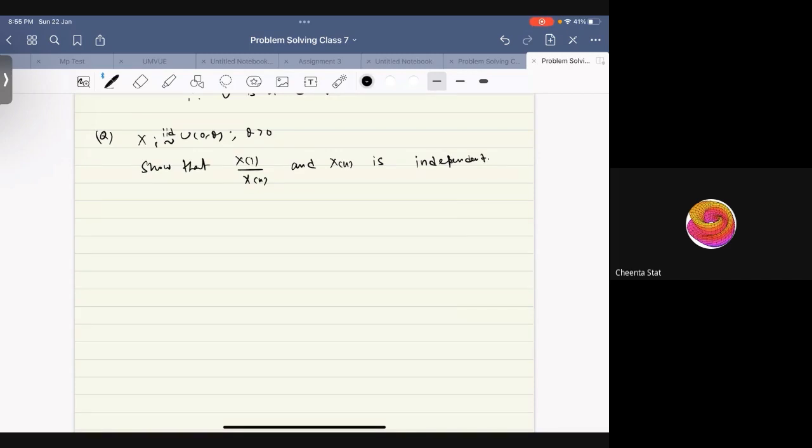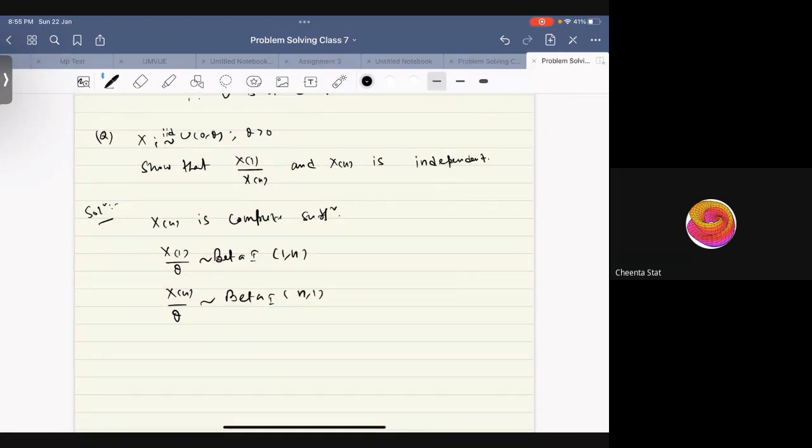So I'm not going to the proof. You all know that X order n is complete sufficient, right? Now you can observe that X order 1 by theta is beta first kind (1, n), and X order n by theta is beta first kind (n, 1), right?